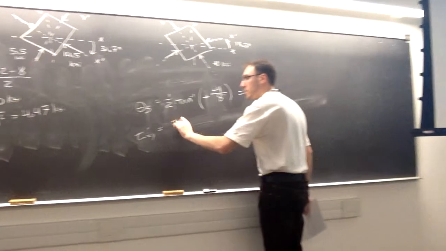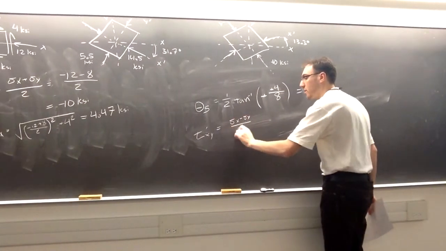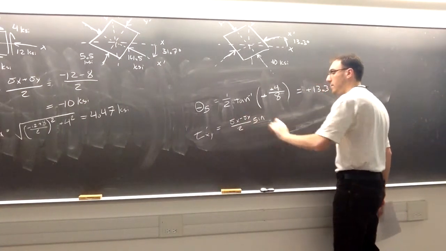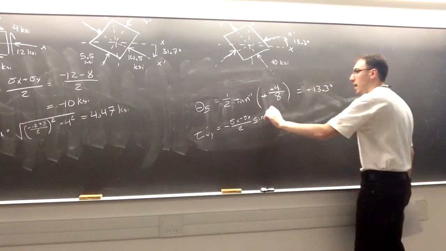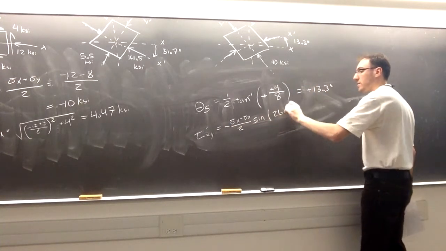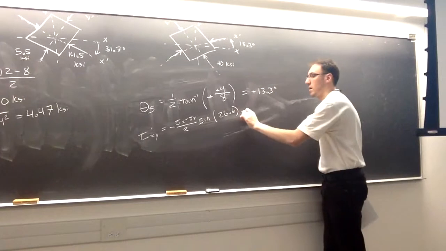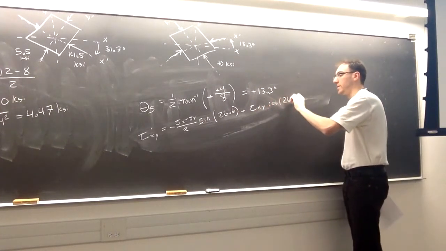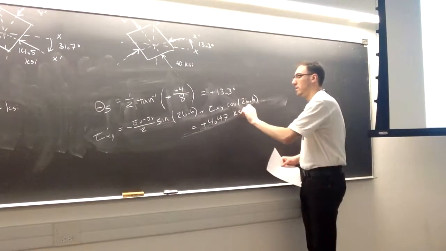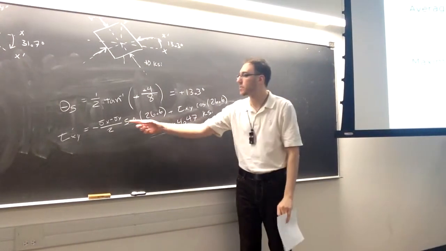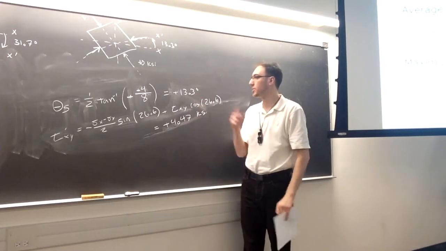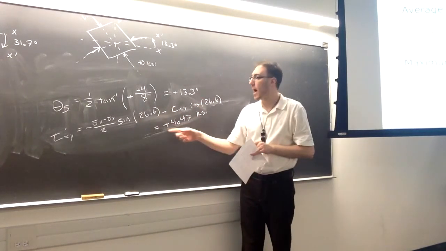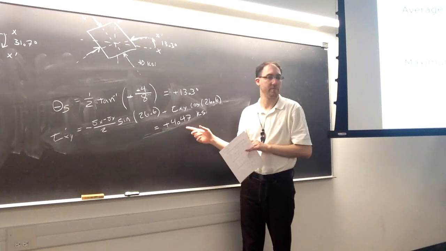So I need to use negative sigma x minus sigma y over 2 times now the sine of 26.6 degrees, plus tau xy cosine 26.6. If I plug in those original values and put it through this positive rotation of 13.3 degrees, I get a positive value of 4.47.